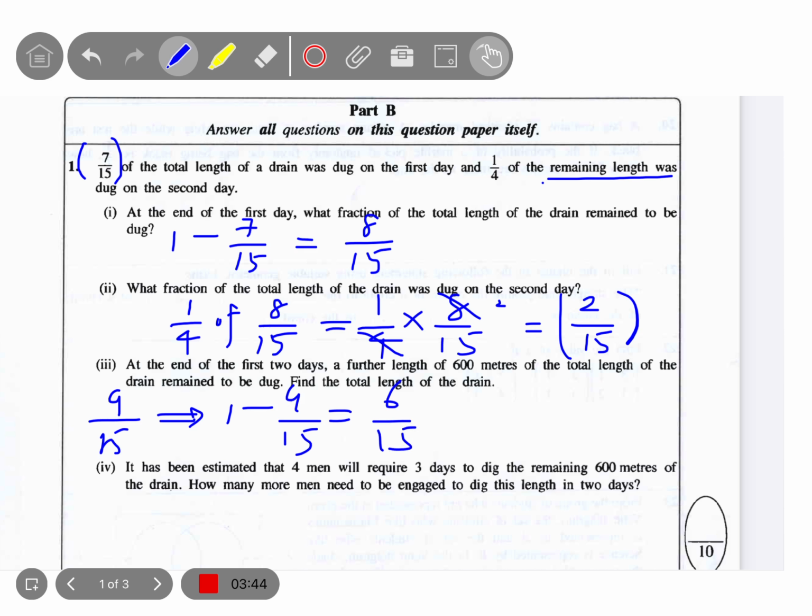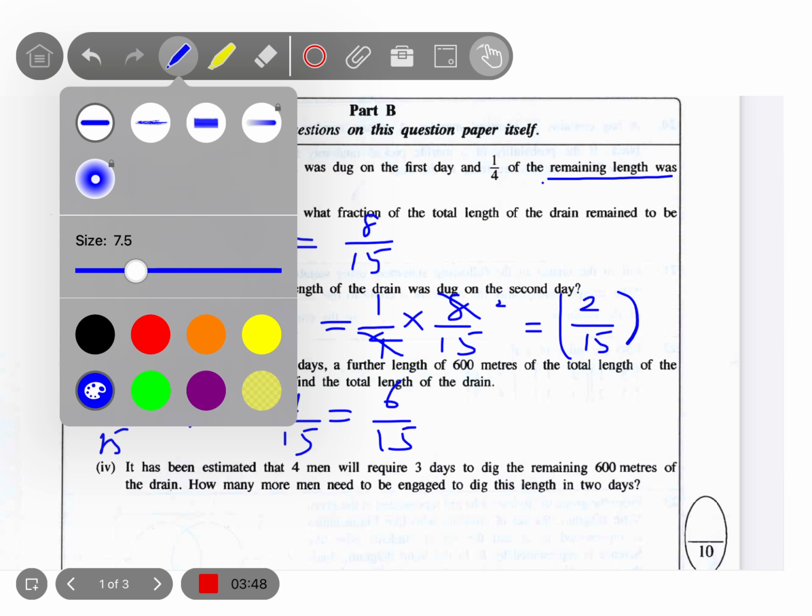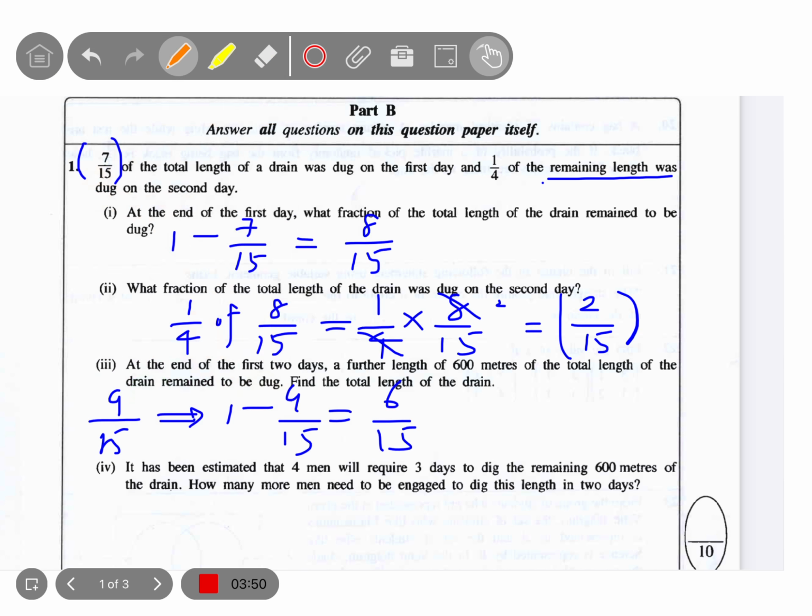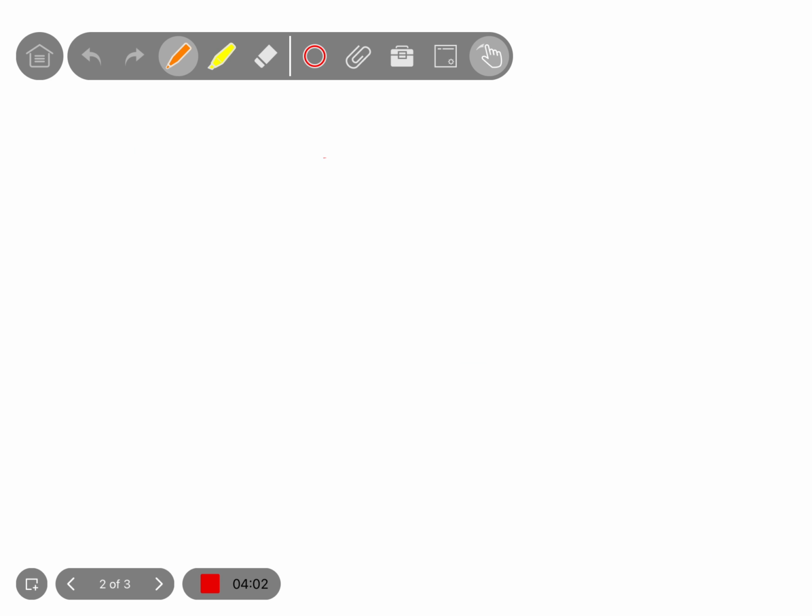Now to calculate the length, look at this particular thing. A length of 600 meters of the total length of the drain remained to be dug. So that corresponds to this particular fraction. So what does that mean? 6/15 corresponds to 600 meters. So then we need to find what corresponds to 1.